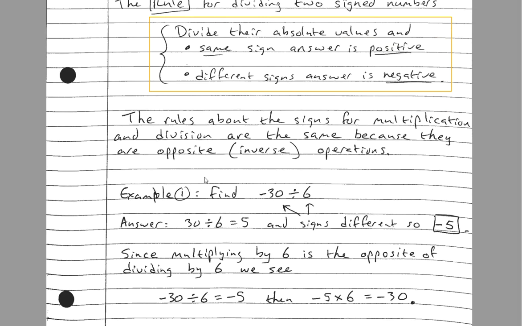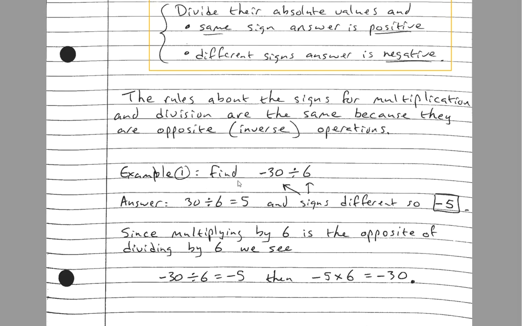Let's see an example. Example 1, here we have negative 30 divided by 6. There's actually two ways to do this question. We could think of parentheses around this. So think of this as negative 30, a negative number, divided by 6.